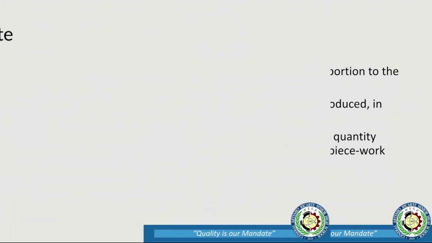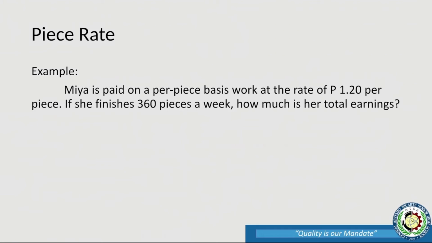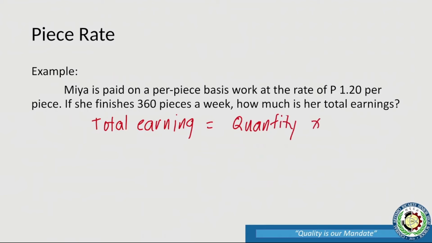Let's have an example for the piece rate. Mia is paid on a per piece basis, working at a rate of 1.20 pesos per piece. If she finished 360 pieces a week, how much is her total earning? We compute the total earning by multiplying the quantity and the rate.